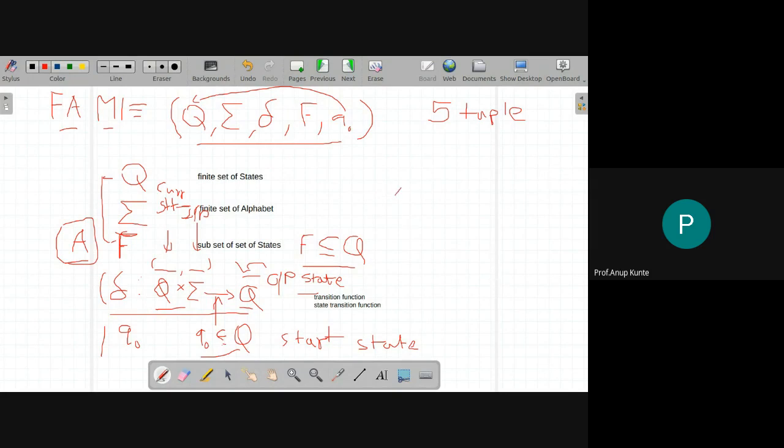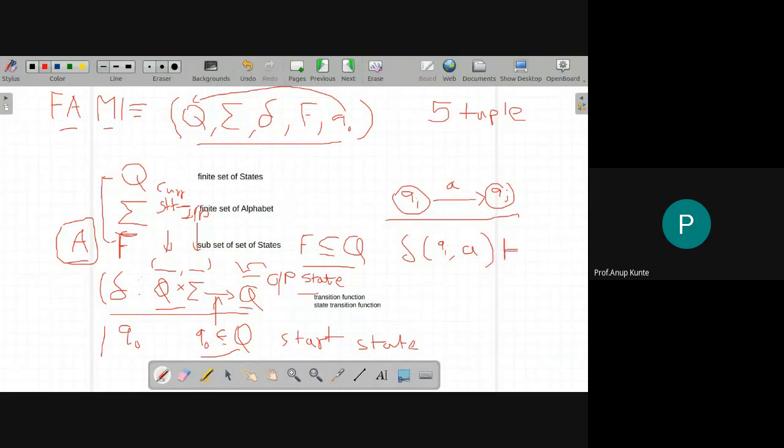Now, if I decide to change my state, say I am in state Qi and I see an input A, suppose, then when I decide to change my state to Qj, this will be shown graphically like this, and this will be shown mathematically as delta with input Qi and A will result in Qj. So this is how it is indicated.